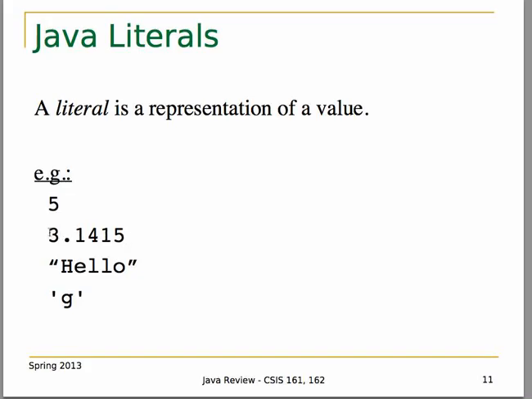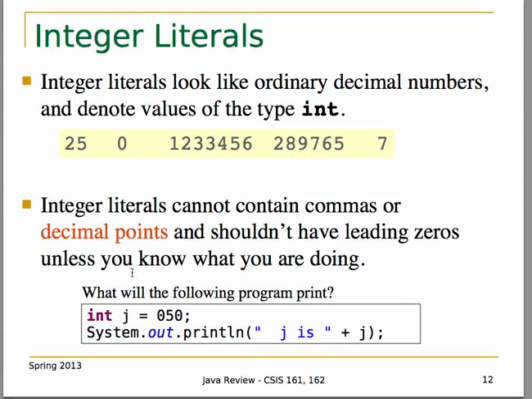Okay, so we have limitations for double precision or single precision floating point numbers. You can have literal constants like a string, in this case hello, or you can have a single character in single quotes, double quotes for a string. Okay, I'm hoping this is all just review, that you've seen all of this.